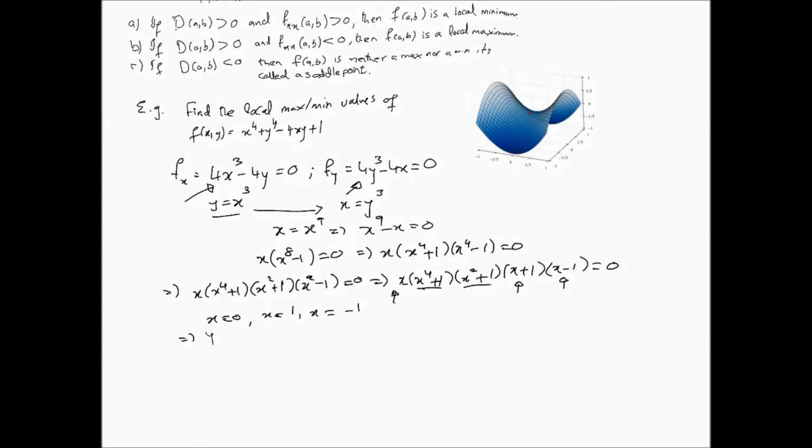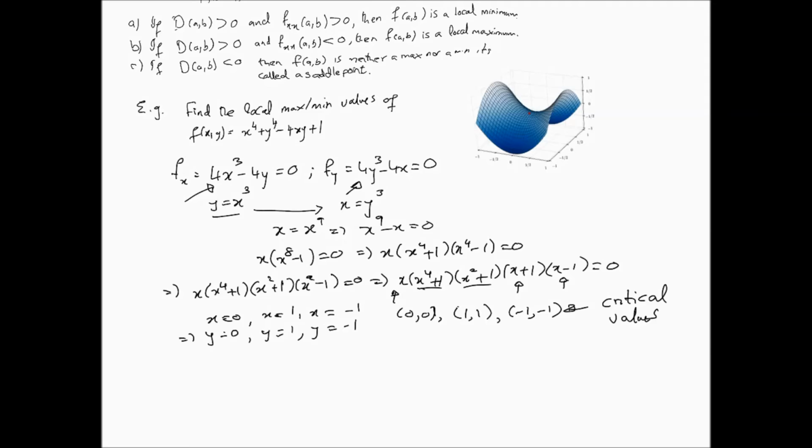So this implies y is equal to 0, this implies y is equal to 1, and this implies y is equal to minus 1. So our three critical values are (0, 0), (1, 1), and (minus 1, minus 1). These are our critical values. So we have now completed the first step, which is to find our critical values.